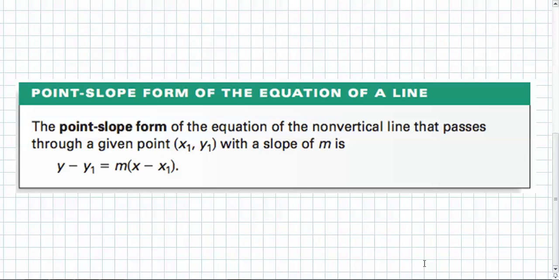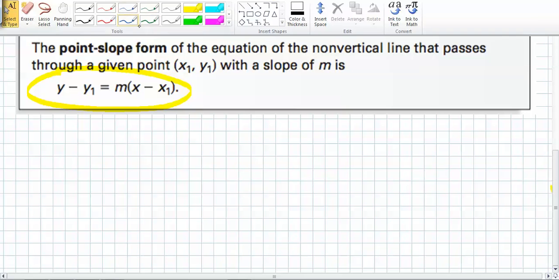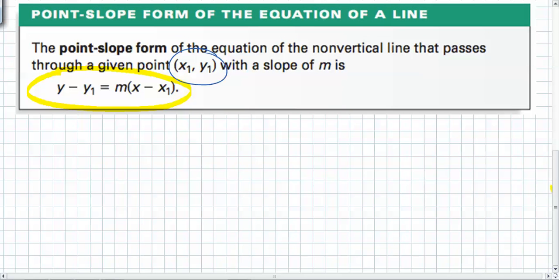The point-slope form of the equation of the non-vertical line that passes through the given point x1, y1 and has a slope m is y minus y1 equals m times x minus x1. So again, the point itself is x1, y1, and that can be any point, and the slope is m.